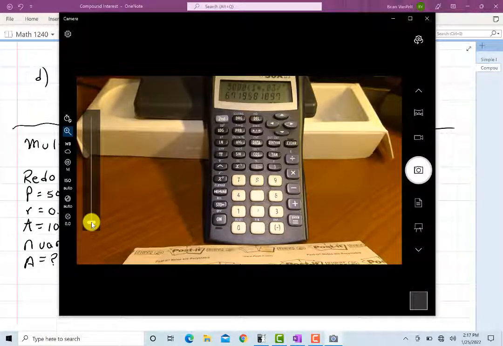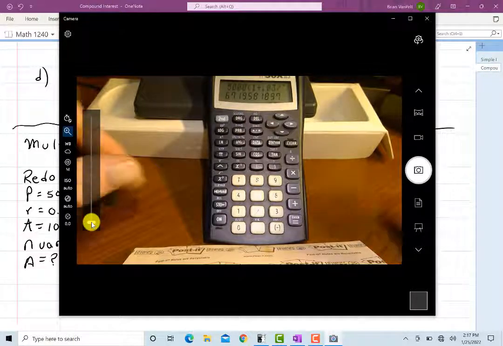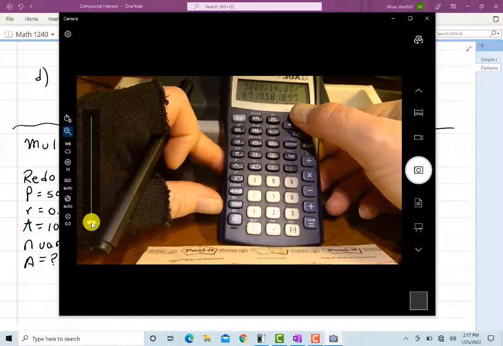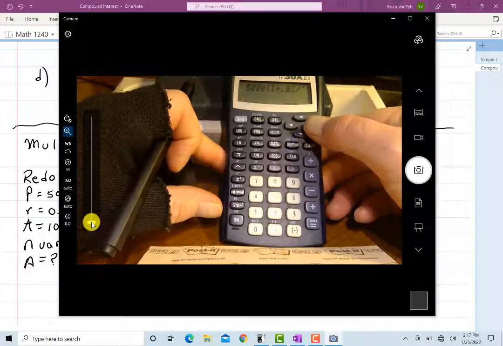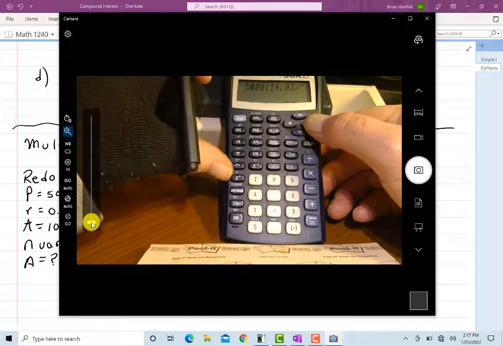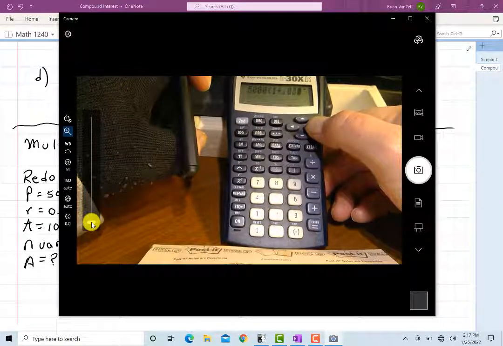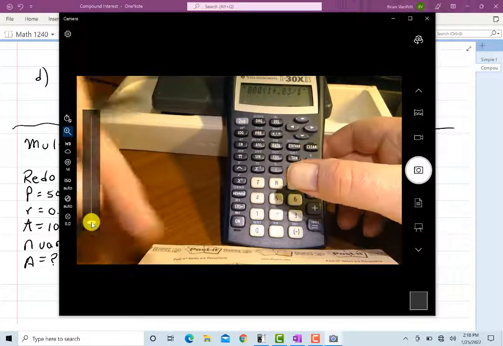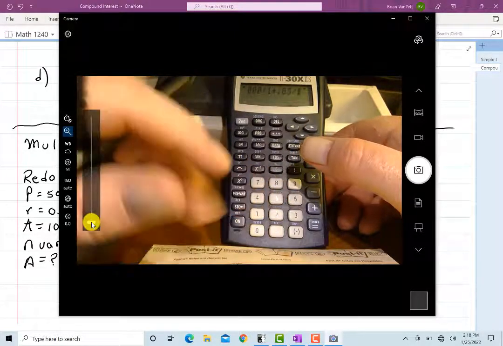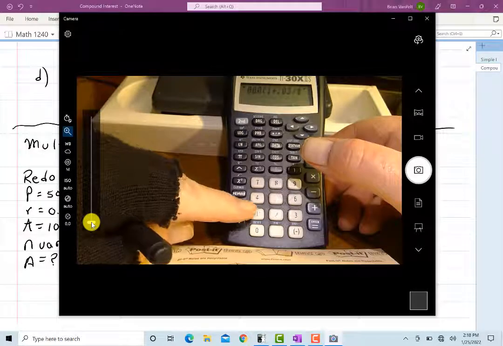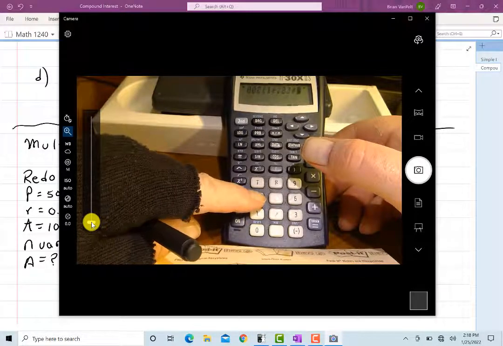Now, as we go through the problem, to redo the problem, but for n equals 4, you can hit the up arrow key, and it will let you edit what you have. So the only thing I had to do here was change the 1s into a 4. It's difficult to do when the calculator is in front of the camera.